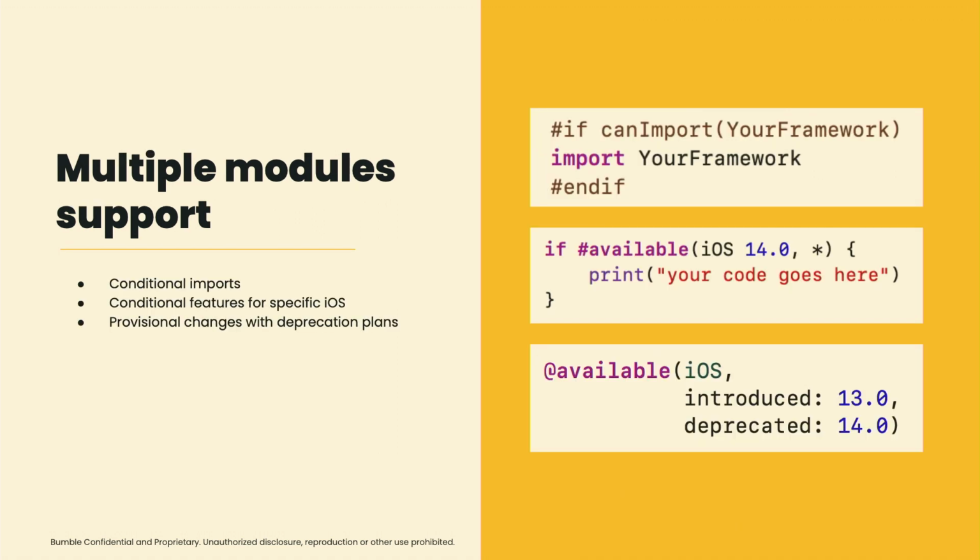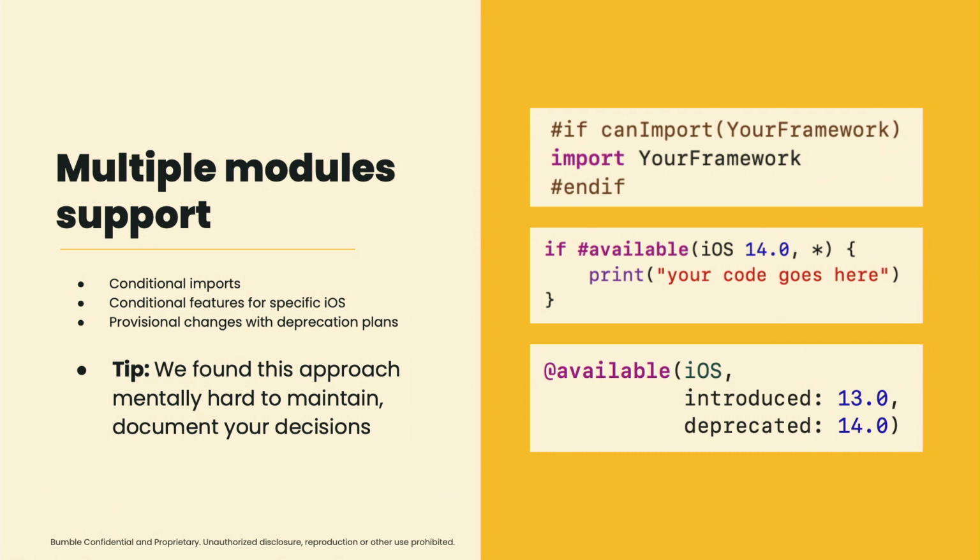So in order to help, Apple provides these tools, which we also recommend. You can have conditional imports to import your framework in specific files. You can have the if available for a specific iOS version.